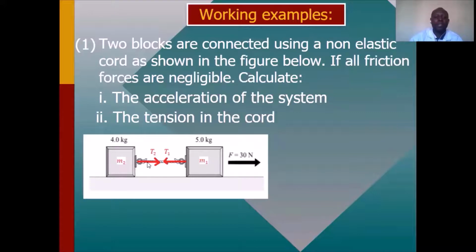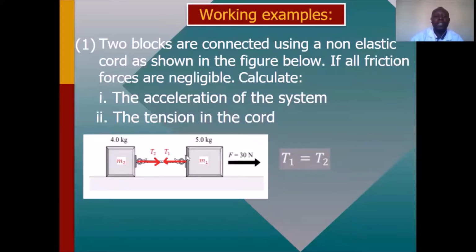Reaching the second mass, the tension changes direction and pulls mass 2 forward. That's why as mass 1 is moving, mass 2 also follows because of this tension. As there is no friction on the surface, the 2 tensions are the same. And as the 2 masses are connected, the acceleration is also the same.